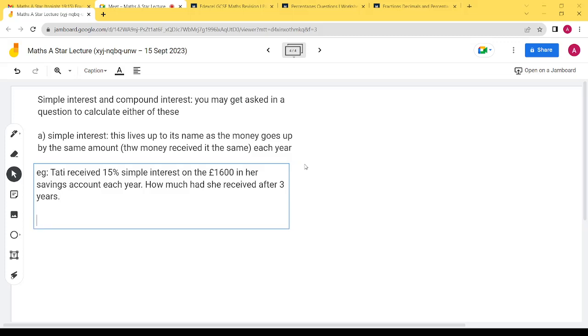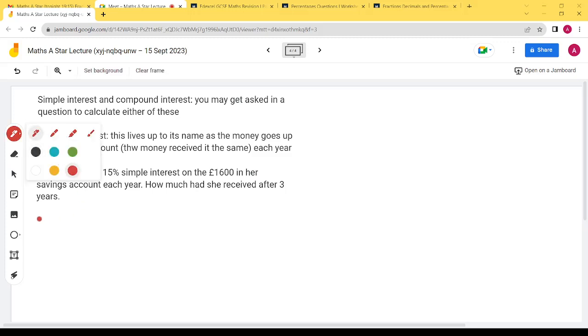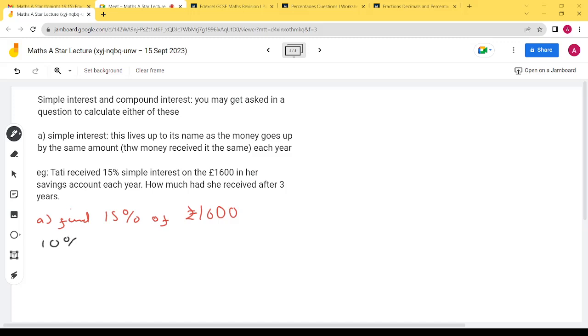If it's simple interest, it means it doesn't grow, it doesn't compound. So all you'd have to do is find 15% of 1,600. Without a calculator, we can say 10% equals 1,600 divided by 10 equals 160. 5% equals 160 divided by 2 equals 80.